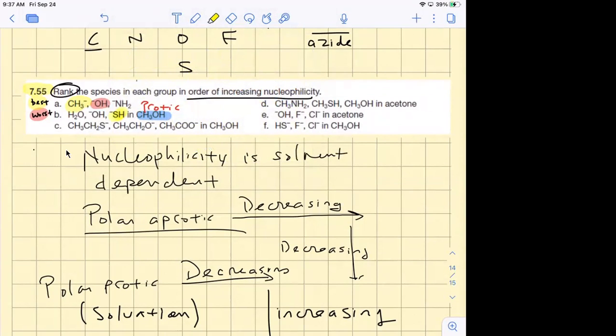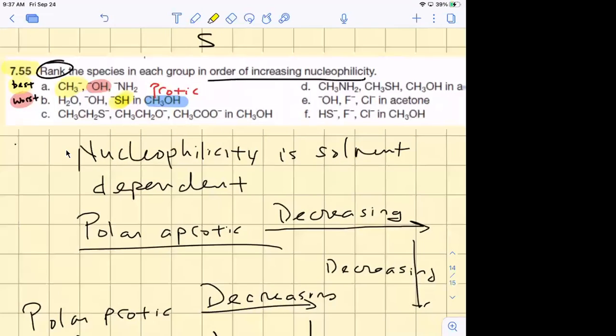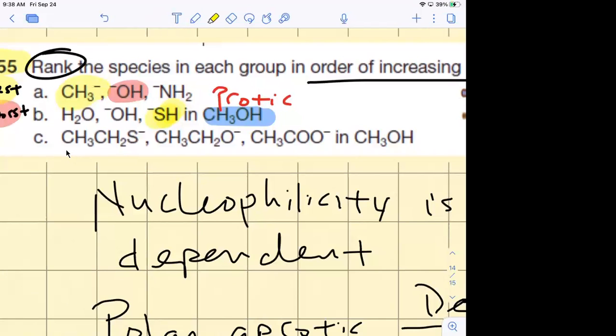Now, between water and hydroxide, we have to make a choice, right? Remember from part one, a nucleophile can be negative or neutral, but a negative nucleophile is always more reactive. So if you had to choose between something that's negative and something that's neutral, with the same nucleophilic atom, in this case oxygen, what would you pick? OH minus.